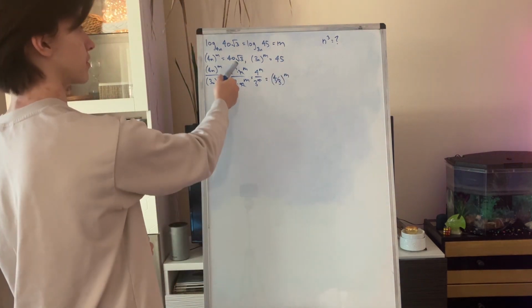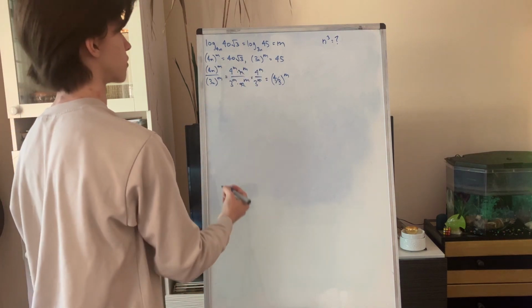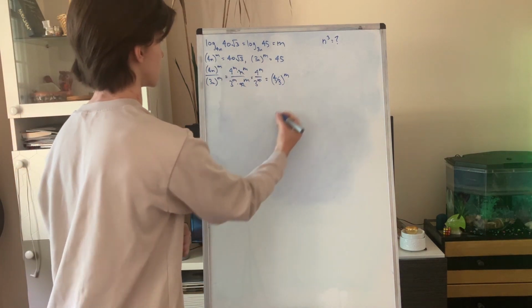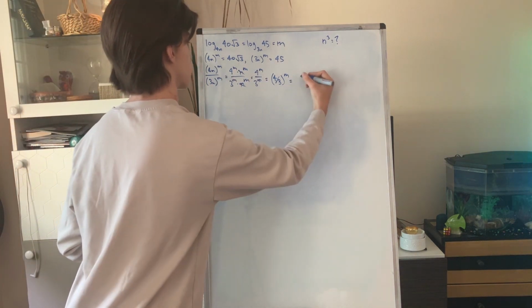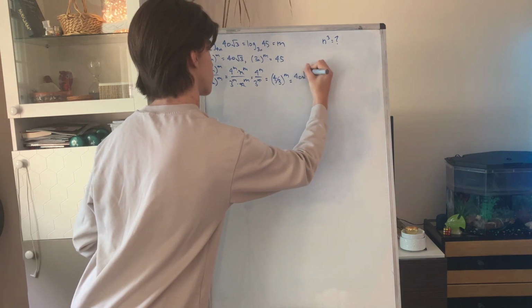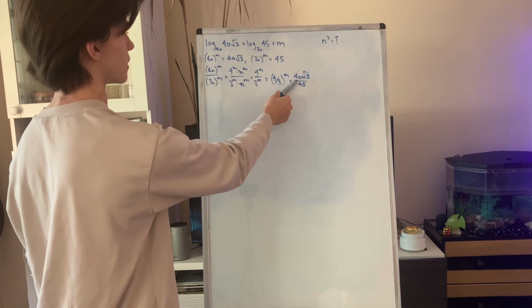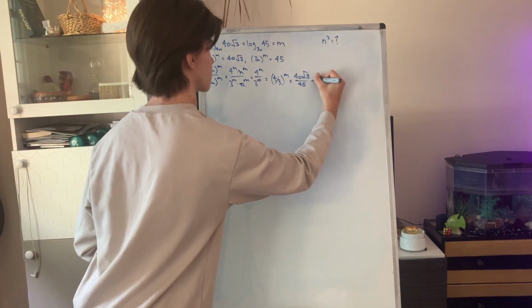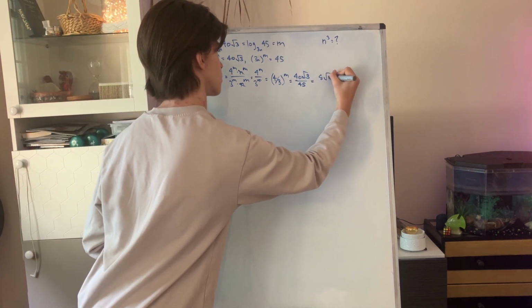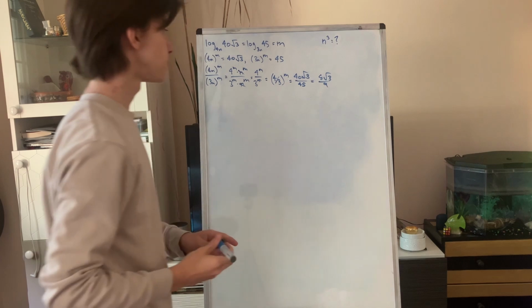But remember, we also have these values which were given from these properties, and we get 40√3 over 45, which seems to be, what, 5 times 8 or 5 times 9, so just 8√3 over 9.